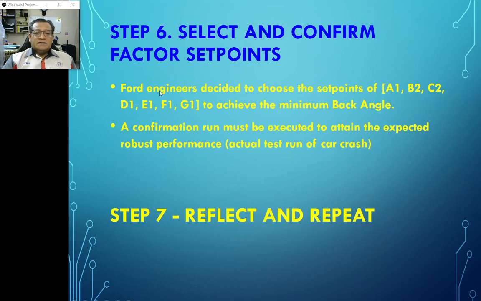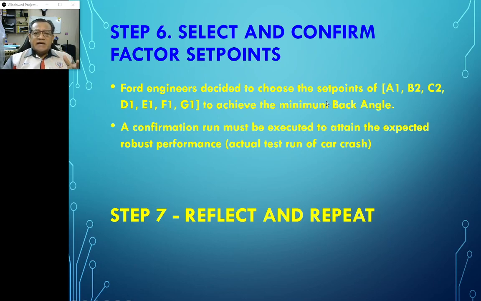So as such, Ford engineers decided that to have the minimum back angle, the set point of the testing must be set at A1, B2, C2, D1, E1, F1, and G1. Okay, so that is the best set point, or the best set of trial and error experiments, to achieve the minimum back angle. So after you have this, what are you going to do?